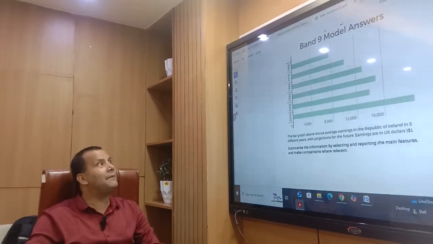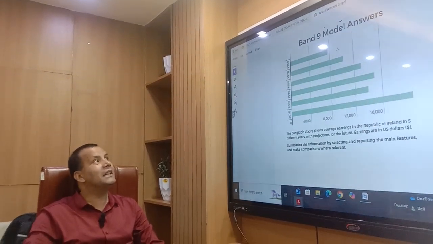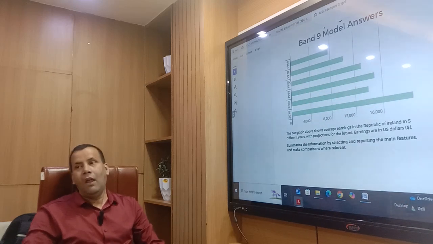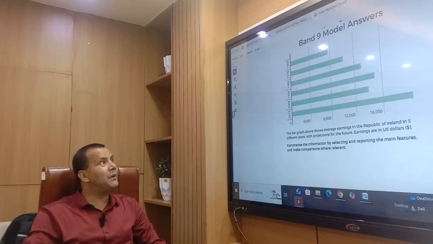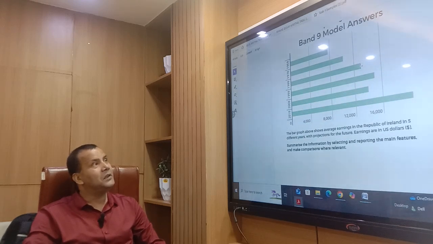And after the gap of 10 years, their income increased. Let's say $13,000. Again, after the gap of 1 decade, their income increased steadily and it was nearly $13,000.